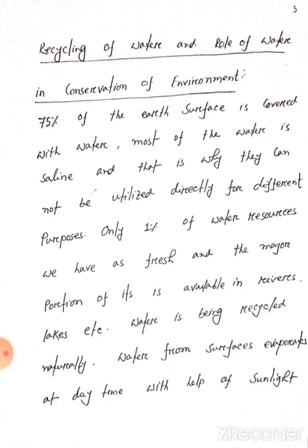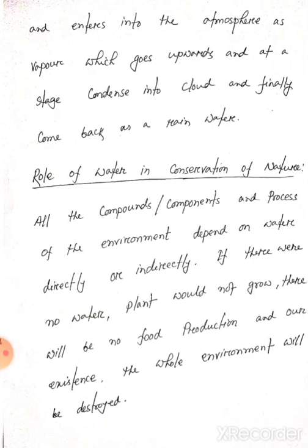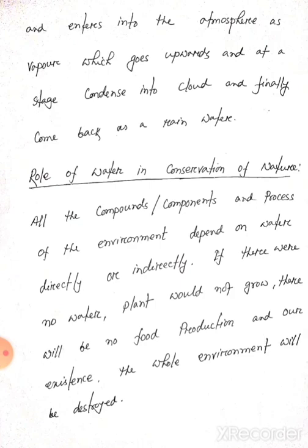Water from surfaces evaporates at daytime with the help of sunlight and enters into the atmosphere as vapor, which goes upwards and at a stage condenses into cloud and finally comes back as rainwater. So this is the cyclic process of water.